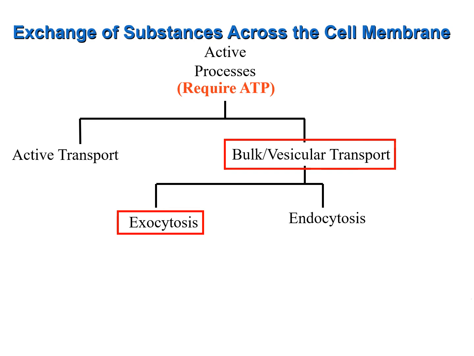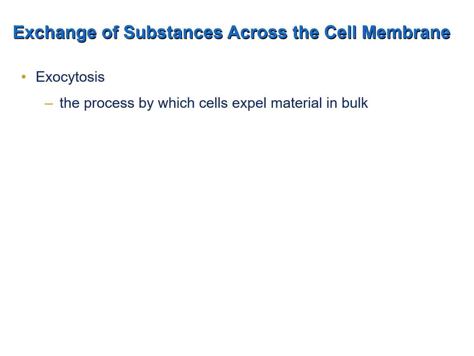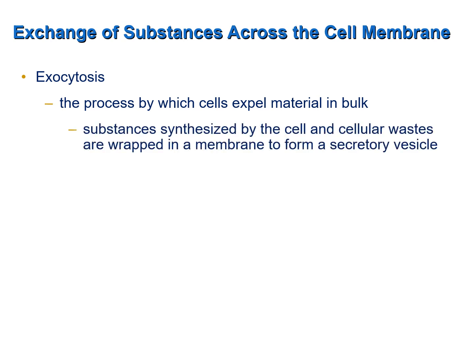First, let's discuss exocytosis. Exocytosis is the vesicular transport process by which cells expel material in bulk. Substances synthesized by the cell, like proteins, and cellular waste products, are wrapped in a membrane to form a secretory vesicle.